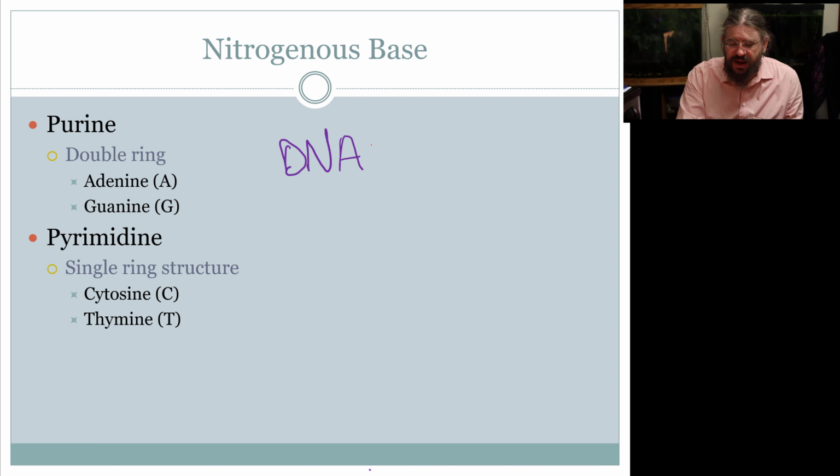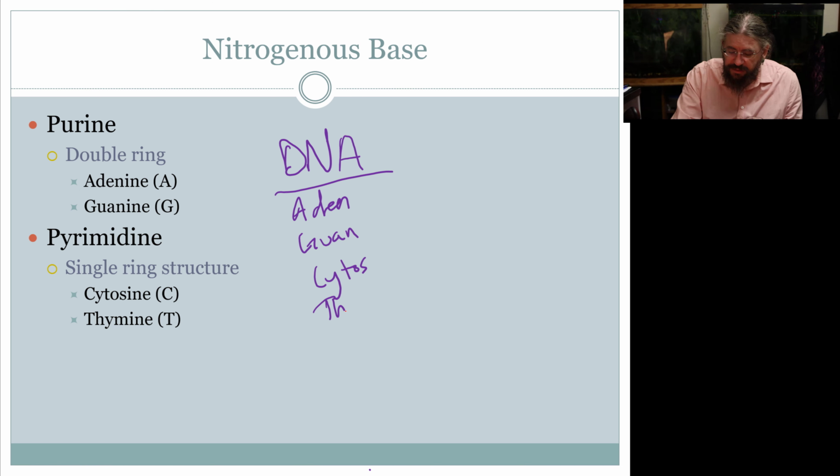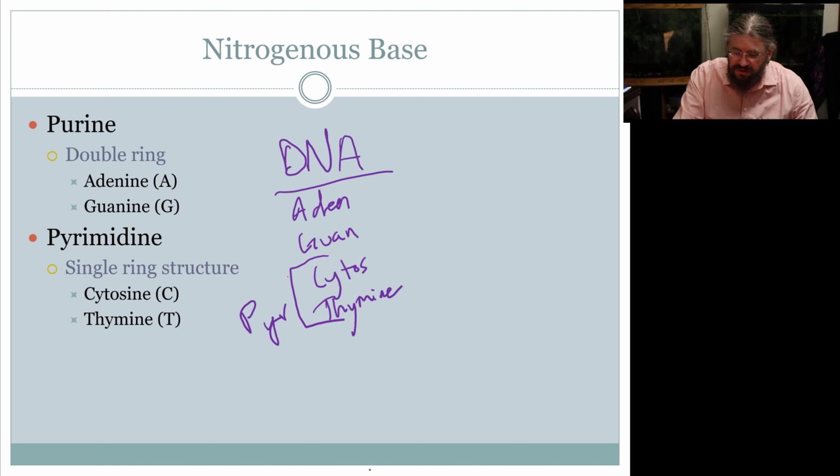Okay, so DNA's nitrogenous bases are adenine, guanine, cytosine, thymine. With cytosine and thymine being the pyrimidines, and adenine and guanine being the purines.